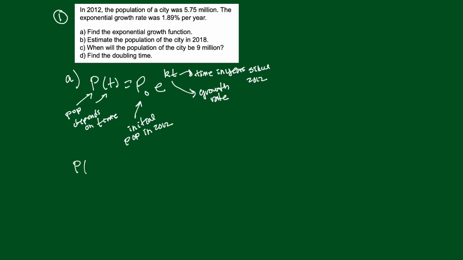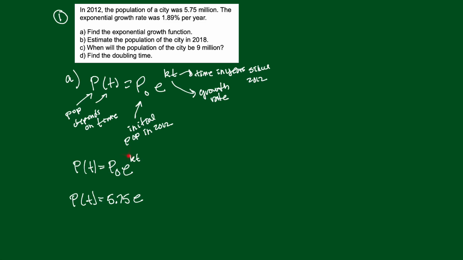All right, so here's our function. Let's make it a little clearer. P of t is equal to P naught e to the kt, and for us, we're going to have P of t is equal to, now the population in 2012. Well, this P naught right here, that's the initial population. That's our start value, and that is the 5.75 million. So I'm going to put that 5.75 right there, 5.75 e to the k.